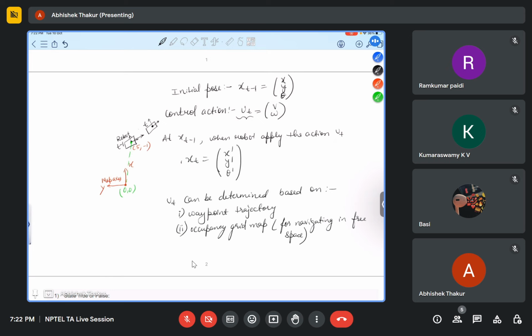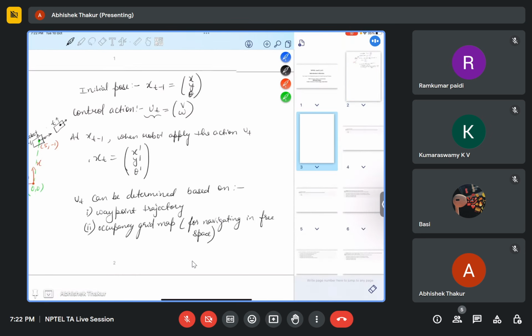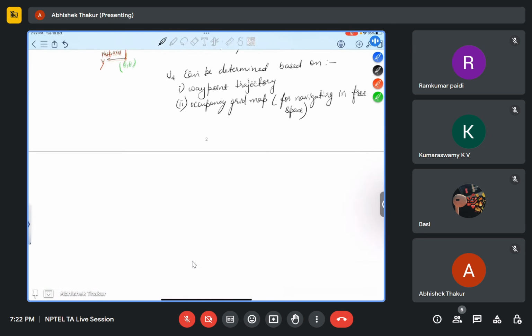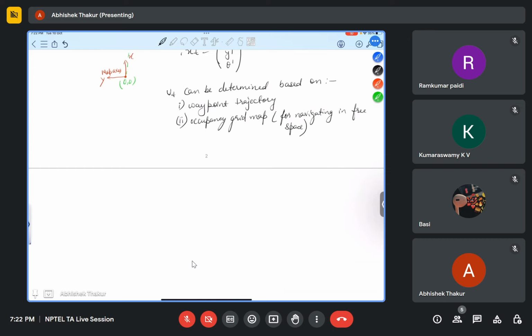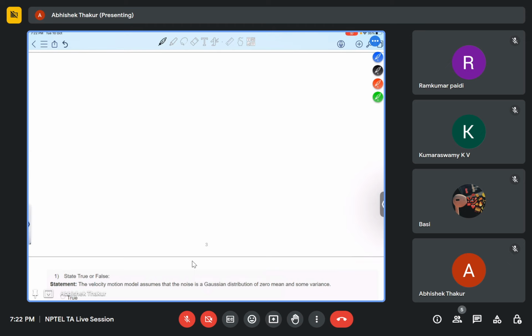So there are many things which can determine the UT, but one of the basic ones we will see. Let's suppose a pure pursuit algorithm is there, in which the robot follows the waypoints. So again, we'll take one example.